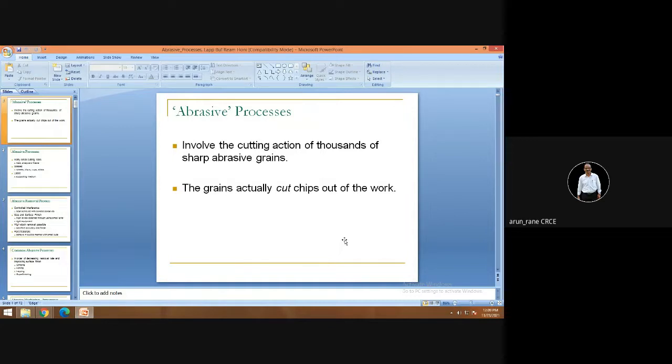Because there is no cutting motion, there is no cutting velocity. Unless you move the knife and give the cutting velocity, the cutting of the bread or the apple will not happen.